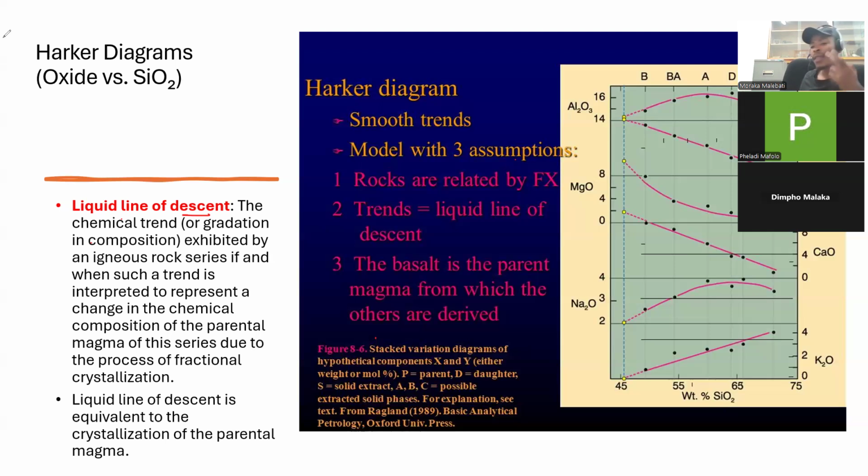Another assumption we are given is that basalt is the primary magma. It means basalt is considered the primitive magma, with more evolved compositions derived through differentiation.